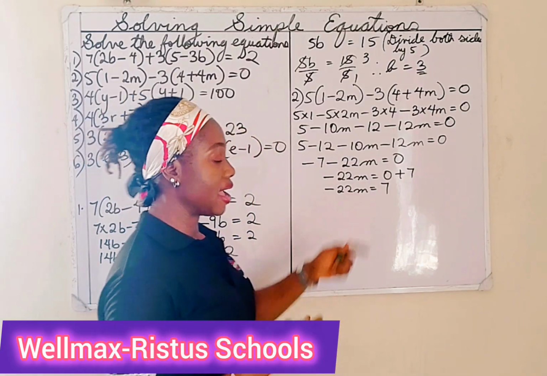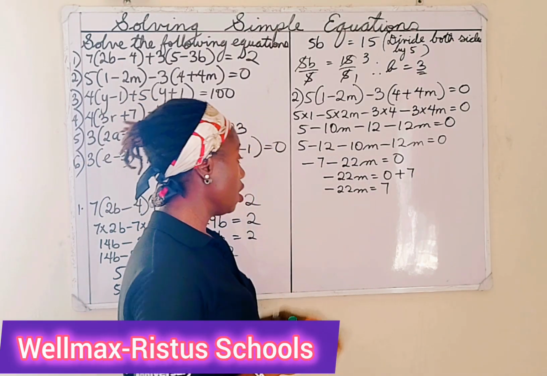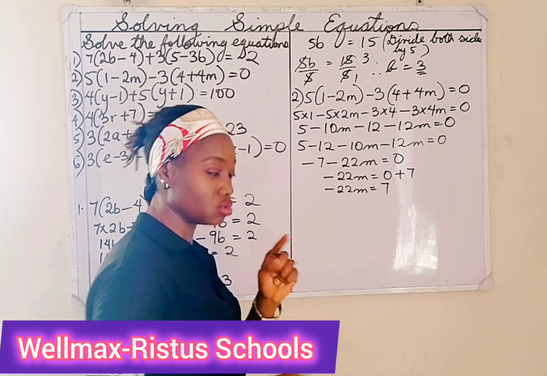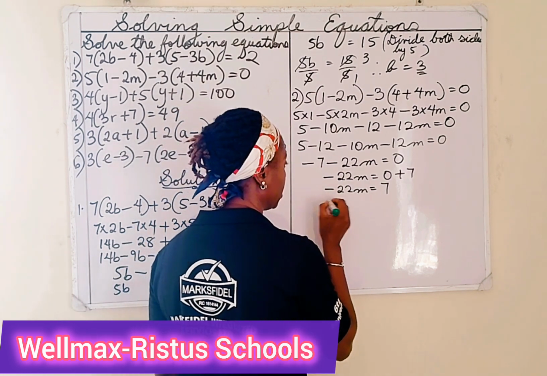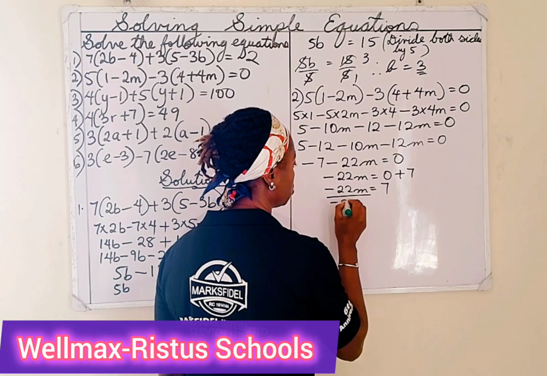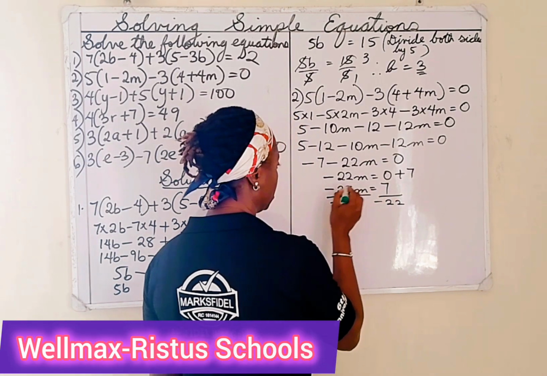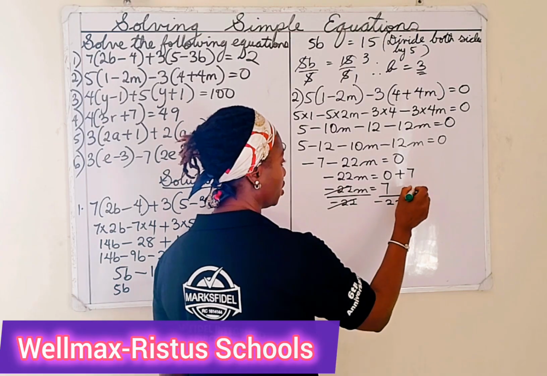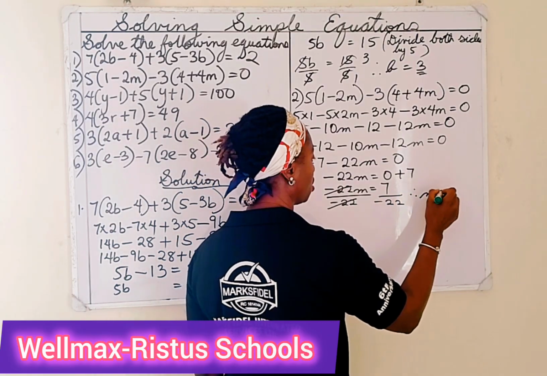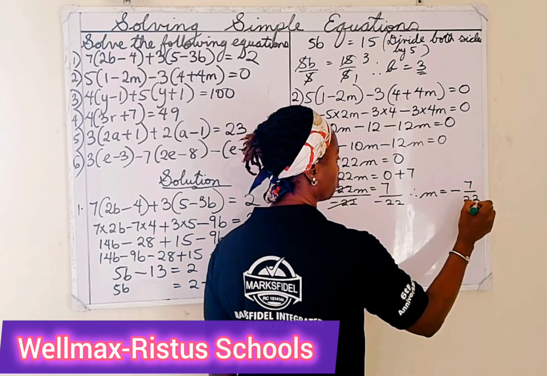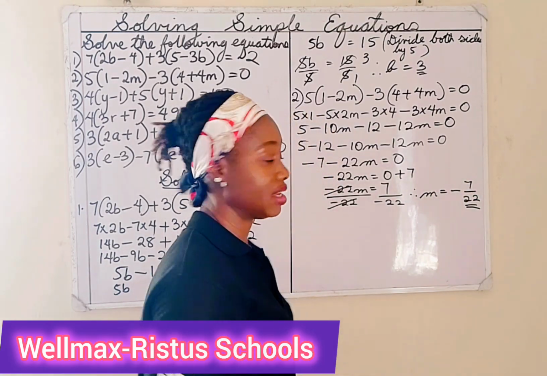Now, to make m the subject of the formula, we are going to divide both sides by minus 22. Minus 22 cancels minus 22. Therefore, m equals minus 7 over 22. And there you have it. That's the final answer.